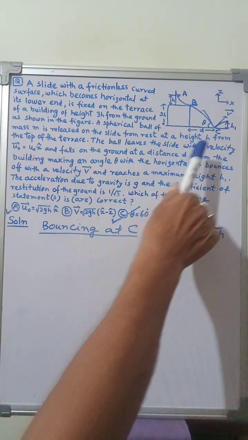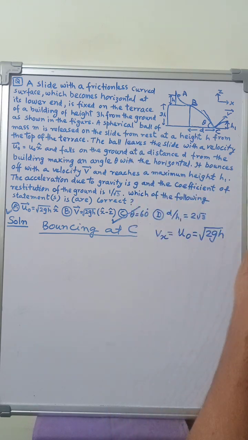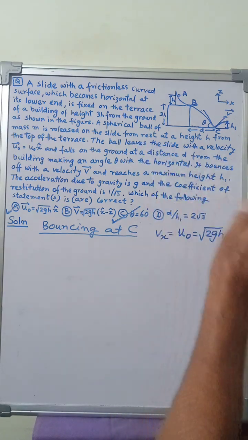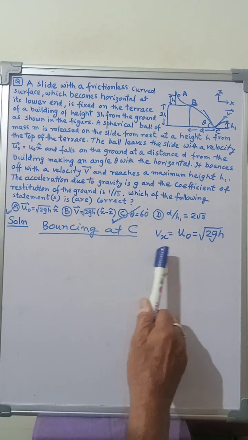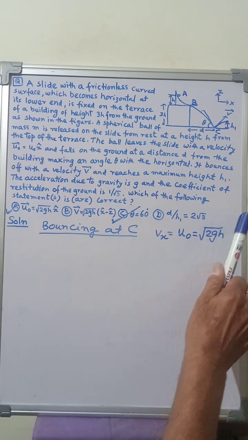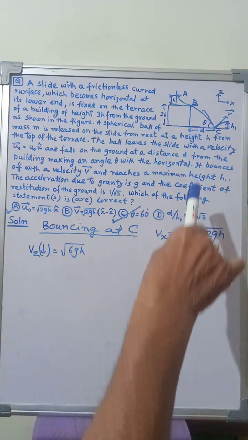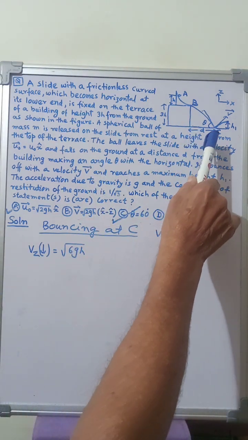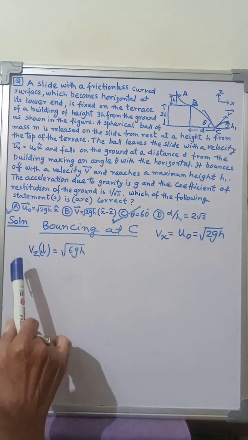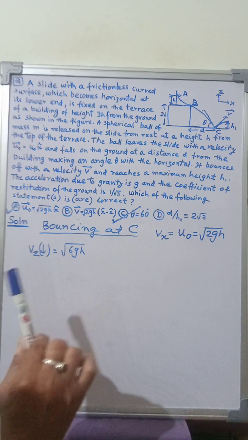After bouncing at C, we have the x component of velocity, which remains constant at u0 = root over 2gh. Therefore we can write vx = root over 2gh. The downward velocity with which the ball hits the ground at point C is vz downward = root over 6gh, that we have already calculated.